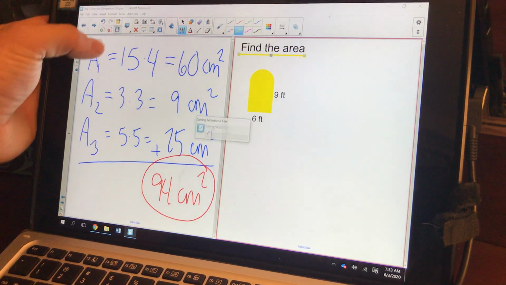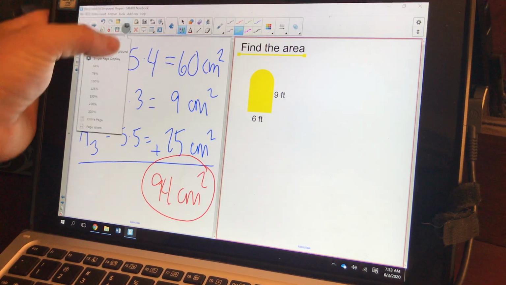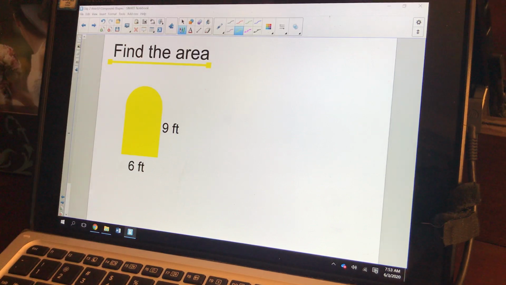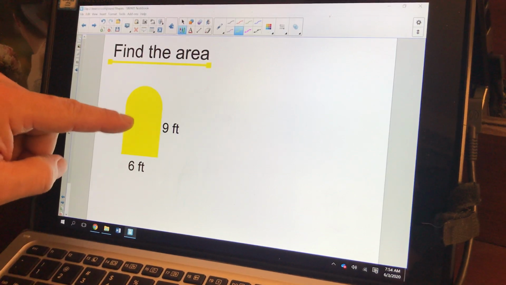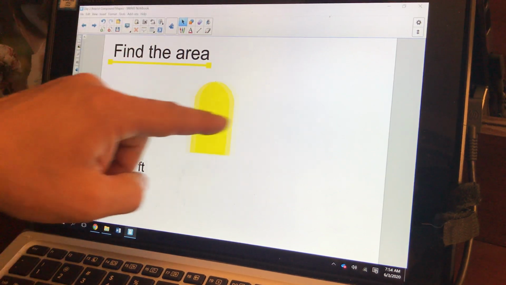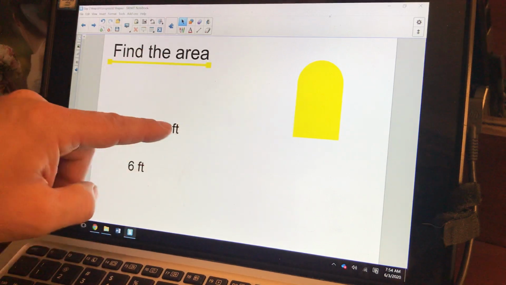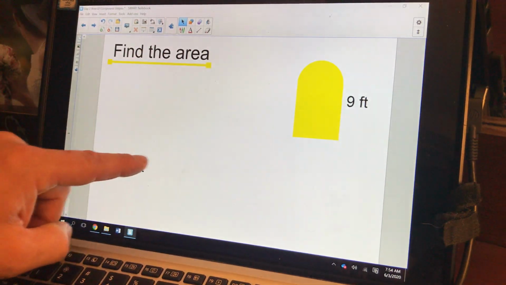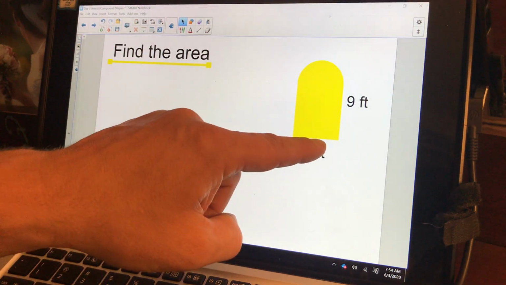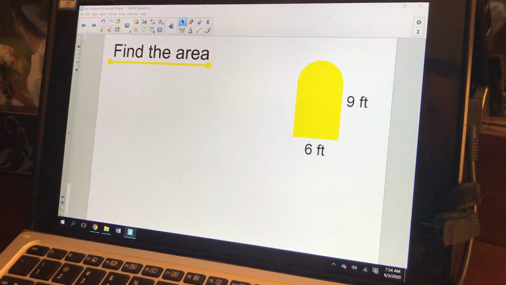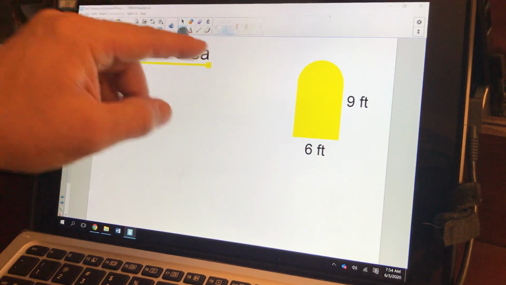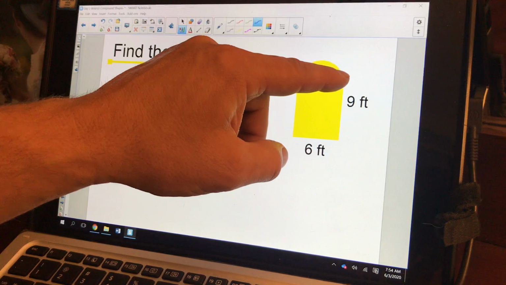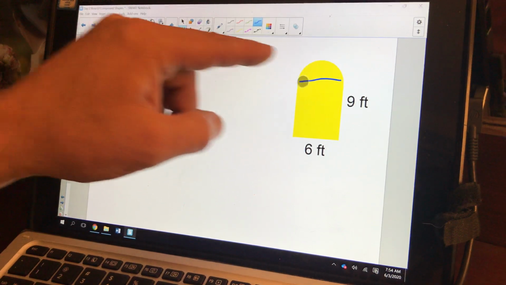Okay, finding the area. Let's make this a little bit bigger so we can see what this is. Oh, all right, I forgot about these ones. Let me bring this shape closer to where the camera is so you can get a better picture of it. It looks like a rectangle that has half of a circle on top of it.